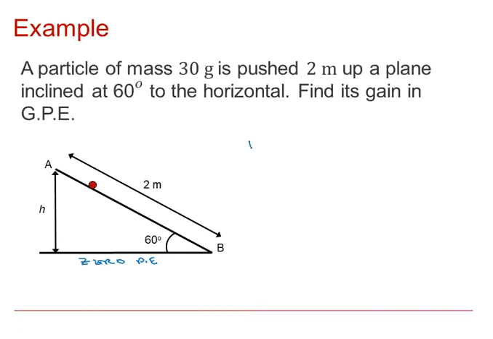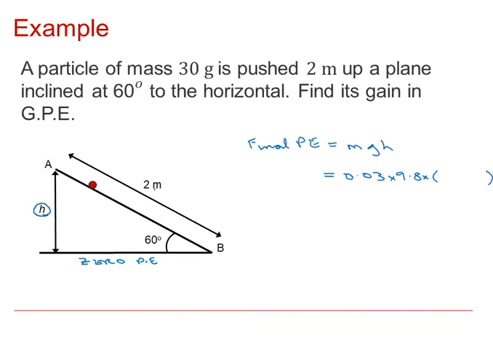So at A, my final potential energy will be mgh. So my mass is 0.03 kilograms. Gravity is 9.8, and we need to know the height of the object, the height that it has travelled through.